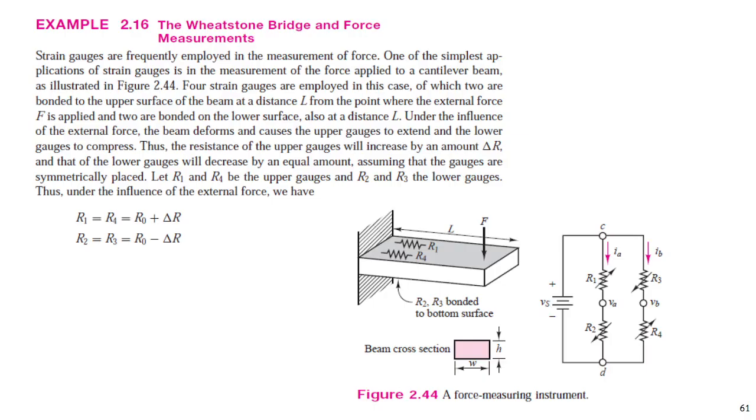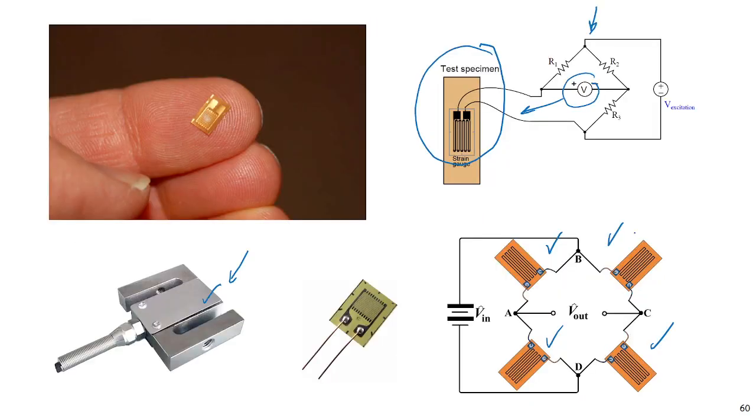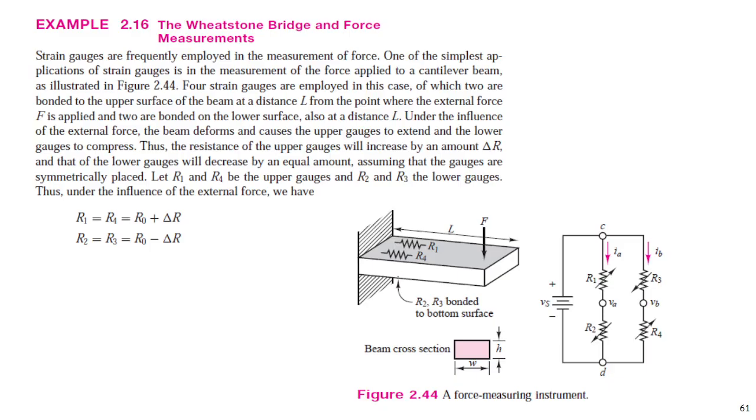Okay. So if we have 4 variable resistances connected like this, and put them on one surface, one beam, right?